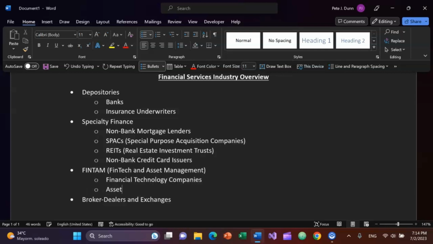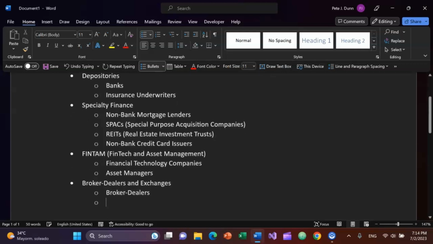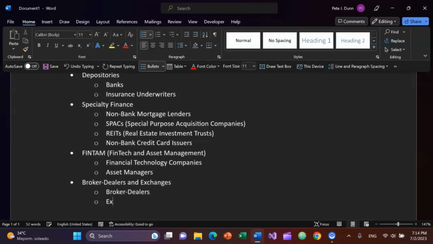And then asset managers themselves. Right, and then this is the final group, broker dealers and exchanges. And we'll add market makers, which is a type of dealer.